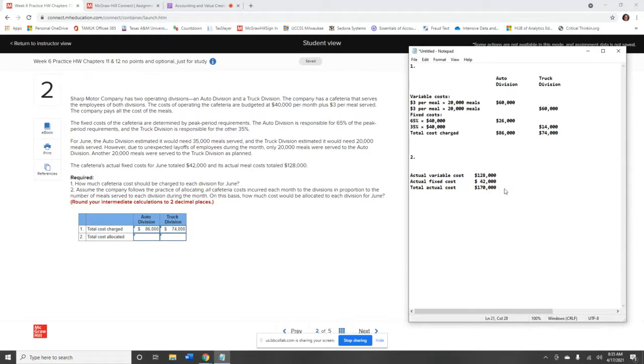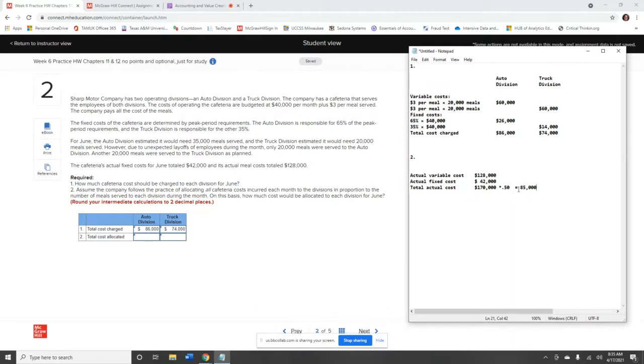And of course, that divided by 2, or I suppose to make it make more sense, times 0.5, right? So this would be the truck allocation. They're getting 50%. 170 divided by 2 equals 85,000. Of course, you do the same thing for auto. 170 times 0.50 is 85. But I mean, we already know 50-50 is 85.